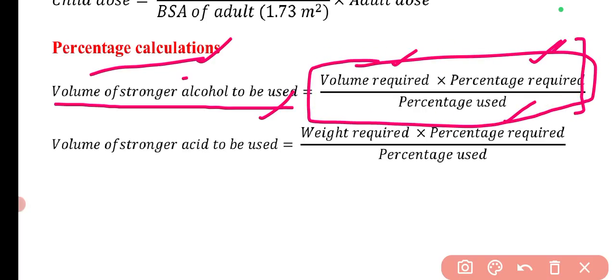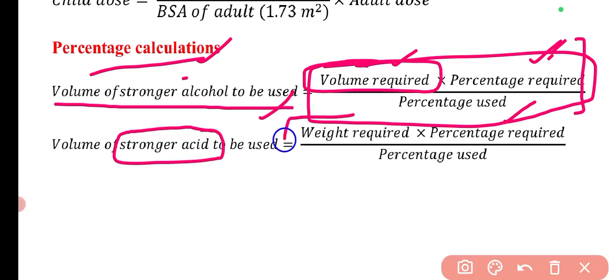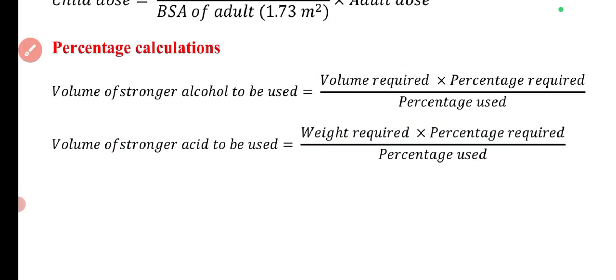So you can easily find out the volume of stronger alcohol to be used. If it is for stronger acid, there is not much change, only the volume required will be replaced by weight required. That way you can calculate the percentages. So this topic is also covered.